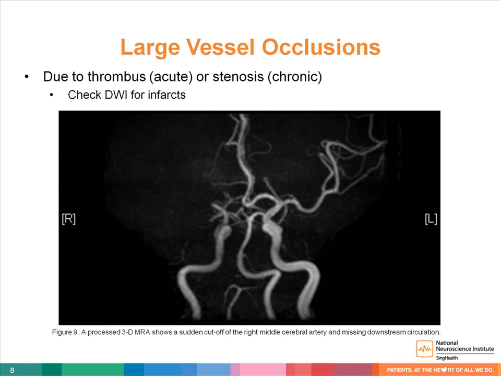Large artery occlusions appear as sudden signal cutoffs on the MRA, with lack of downstream perfusion. This could be due to an acute thrombus or worsening chronic stenosis. The brain tissue supplied by the artery is at risk of becoming infarcted, and a DWI can check for this. Patients with large artery occlusions may be candidates for reperfusion therapy.